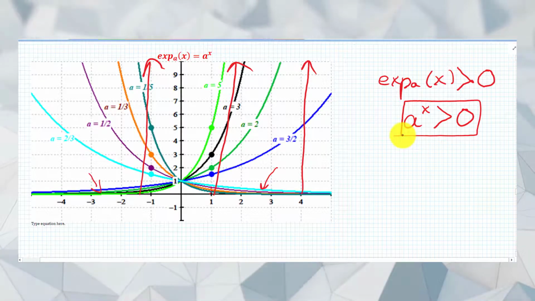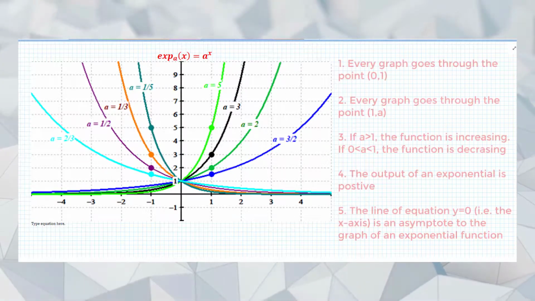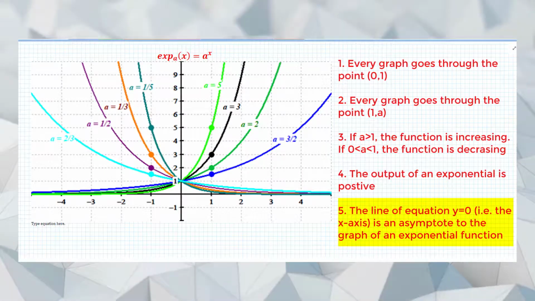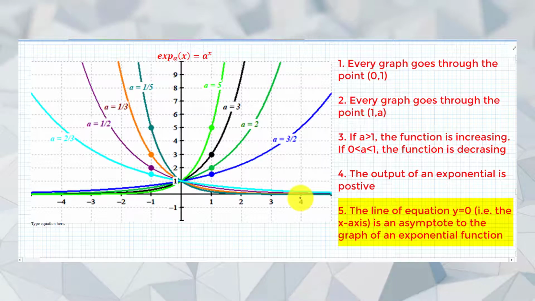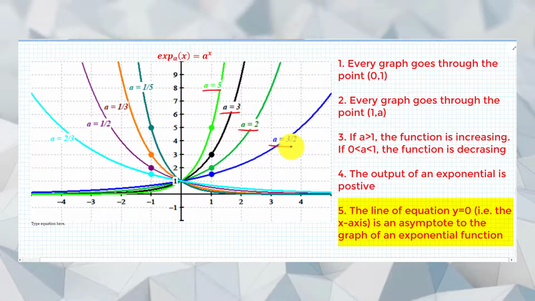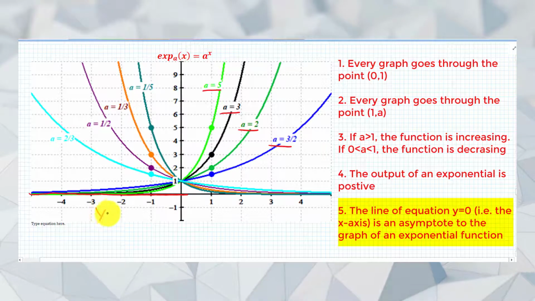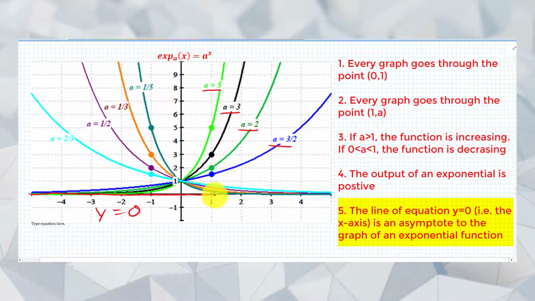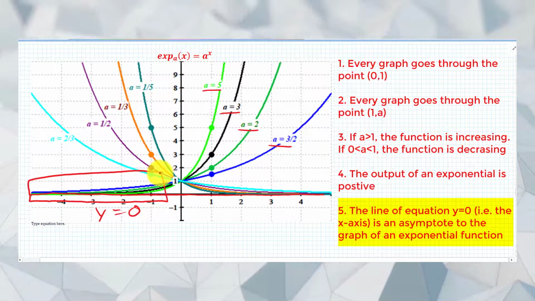Finally, the last property is the asymptote property. We notice that the x-axis is an asymptote to all the graphs. More precisely, when the base is above 1, the x-axis, or the line y equal to 0, is an asymptote as x approaches negative infinity.